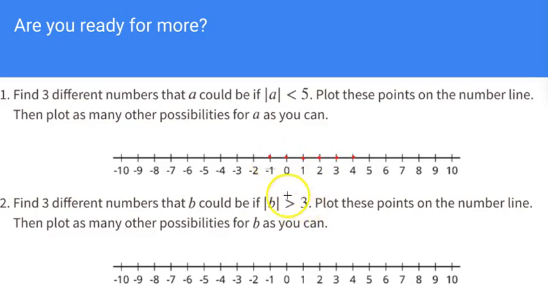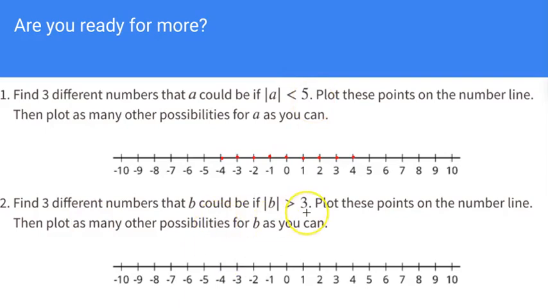Could it be -1? Or -2, or -3, or -4? What about -5? Well, it can't be -5 because the absolute value of that is 5. So that's not going to work, right? But any of these other numbers, even the negatives, would work as well, right? Because the absolute value of -4 is still less than 5, right?